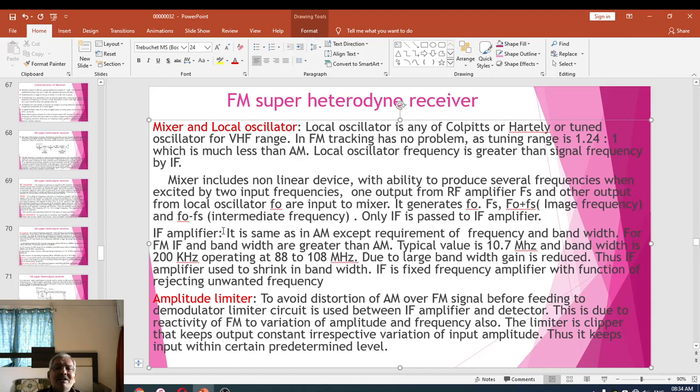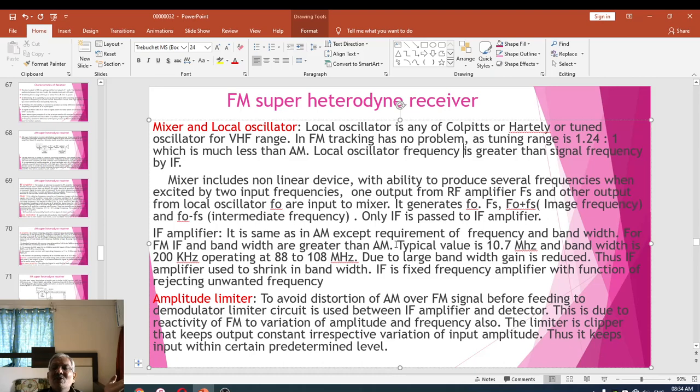Now we are going to study the IF amplifier. It is the same as in AM except the requirement of the frequency and bandwidth. For FM, IF and bandwidth are greater than the AM, obviously. Because in case of AM, IF is 455 kHz. In case of FM, IF is 10.7 MHz.